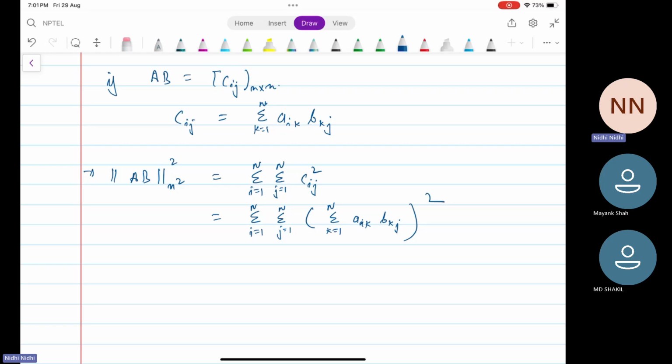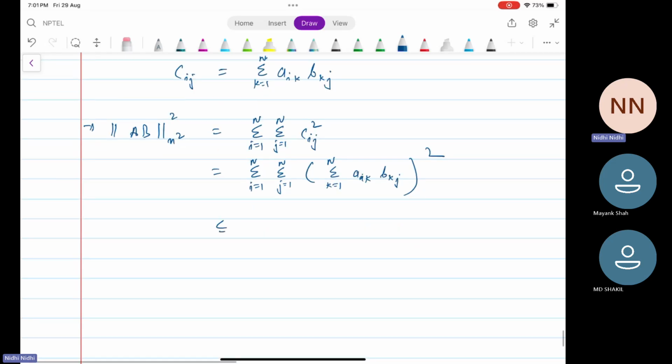Again, we'll use the Cauchy-Schwarz. So this is less than or equal to the summation i from 1 to n, j from 1 to n, inside we have the sum over k from 1 to n of aik squared times the sum over k from 1 to n of bkj squared.